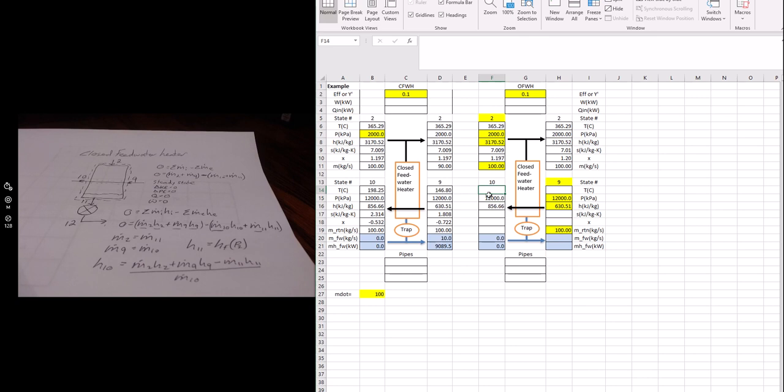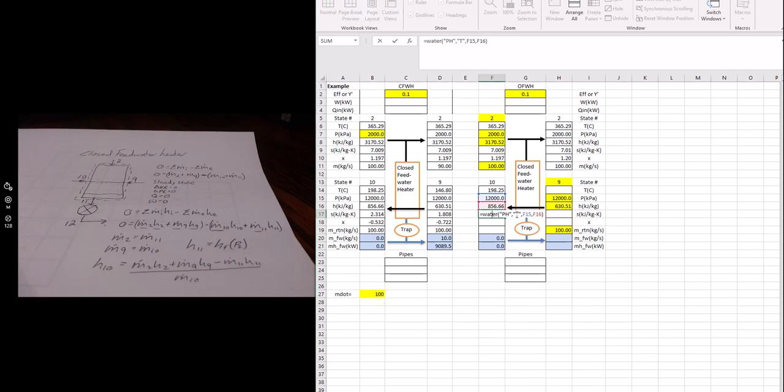And now I can get these values from these two. So equals water, pressure and enthalpy, temperature, specify the pressure and the enthalpy. And I can just copy that if I want. I'm going to hit escape and then paste.